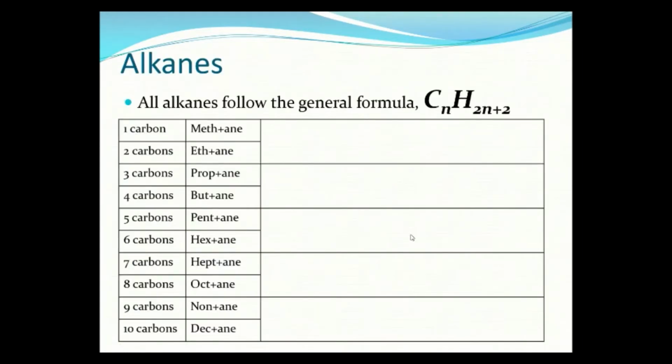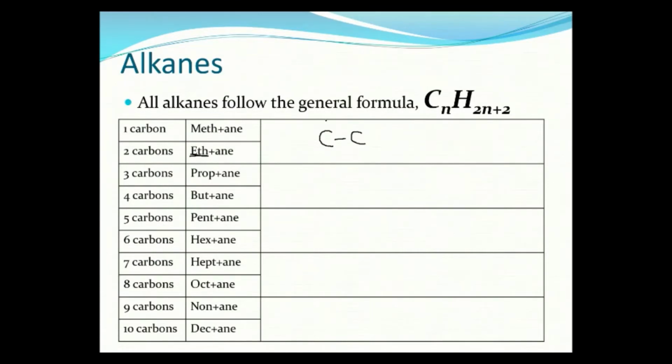So alkanes are given this formula, which is CnH2n+2. And I'll explain what that formula means. So let's start off with 2 carbons. So if we have 2 carbons, it's given the name eth, right? So 2 carbons, remember that the carbons always go beside each other like that.